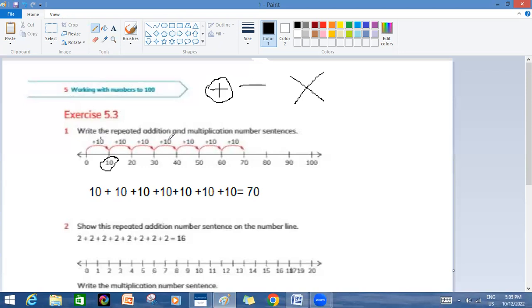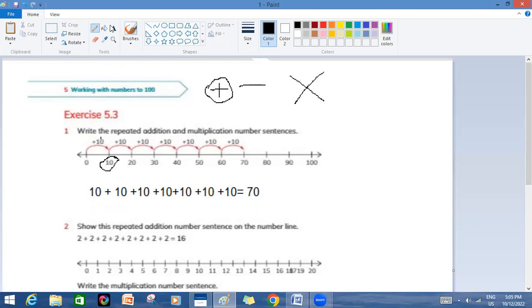So to get 70, we have to add 10 seven times. Like this, you can see in the picture. 1, 2, 3, 4, 5, 6, 7. To get to 70, we are going to add 10 seven times.